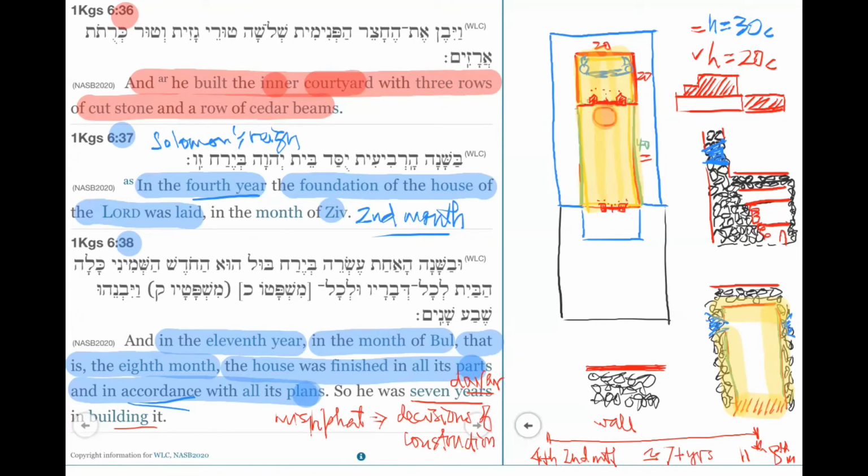Now, in the way that the Hebrew count, 7 would be a rounding number. It is more than 7, but less than 8. Right? More than 7 and less than 8 is still within the 7-year period. And that's how numbers are used in the everyday understanding.